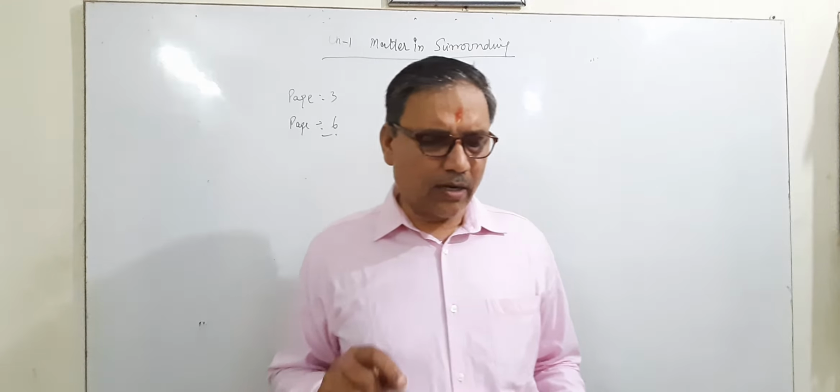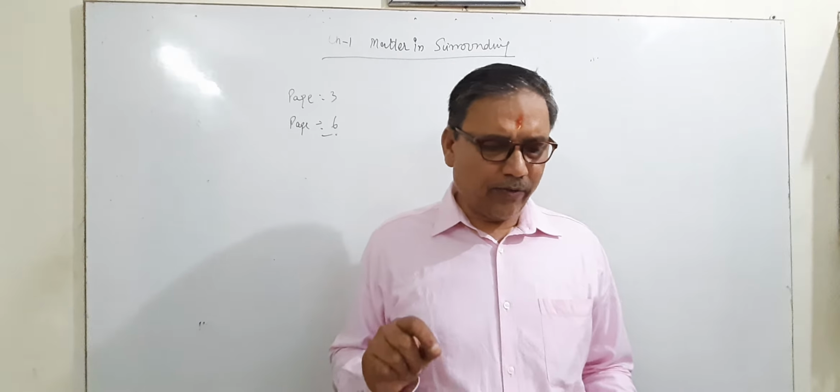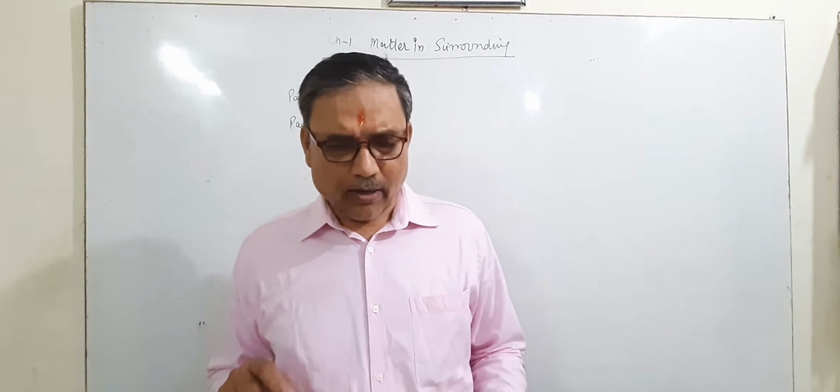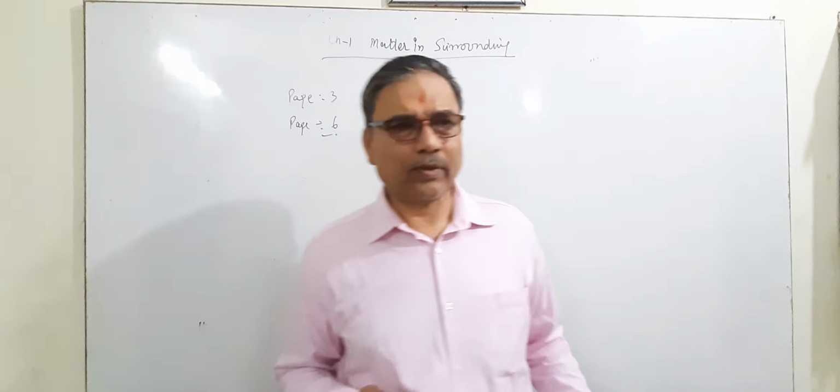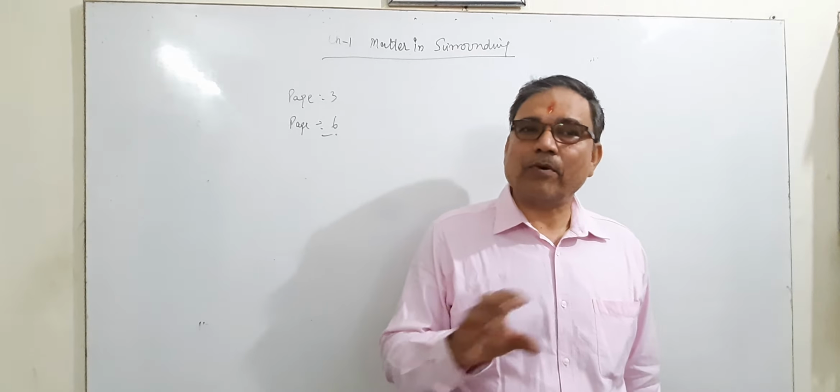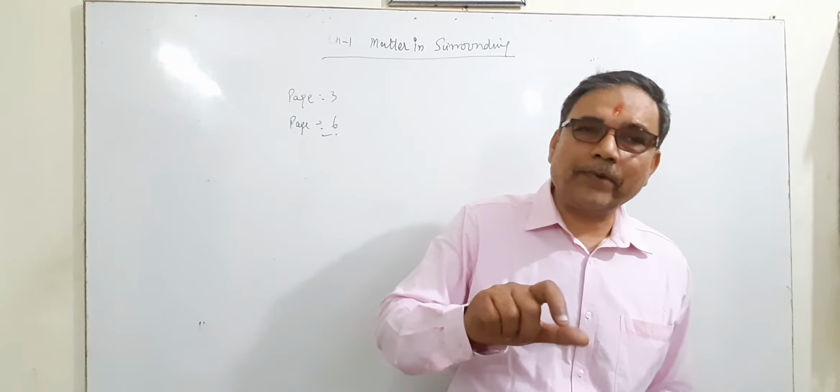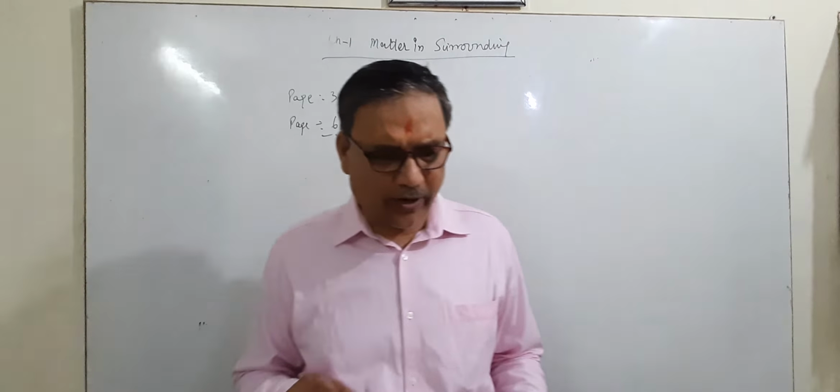Third question, give reason. A gas completely fills the vessel in the shape of which it is kept. This means gas takes the shape of the container, completely filled. Here it is mentioned completely filled. Why?